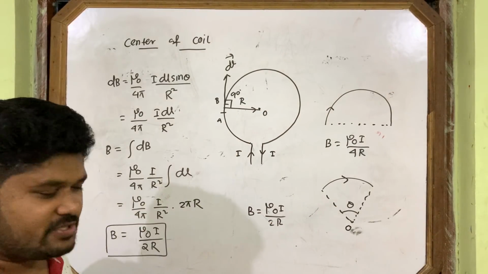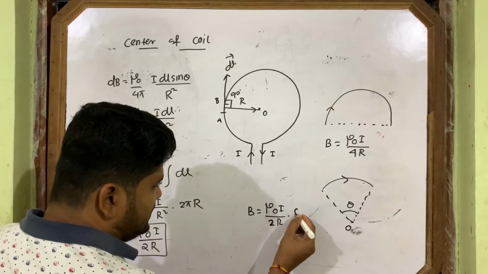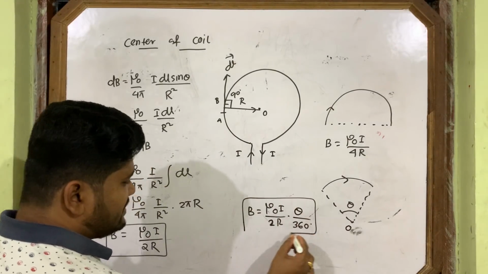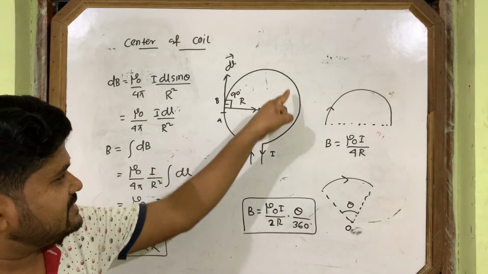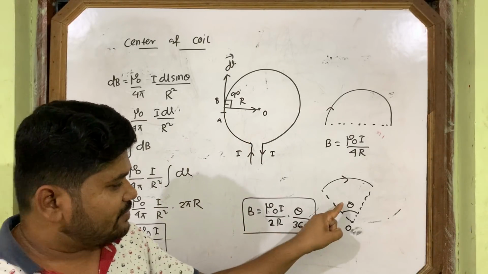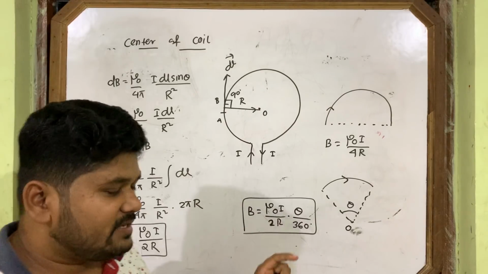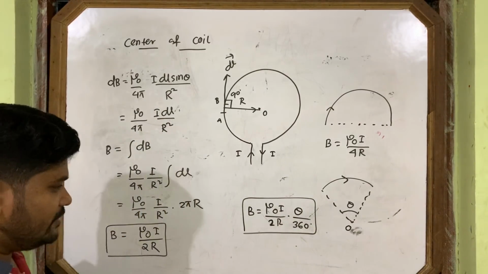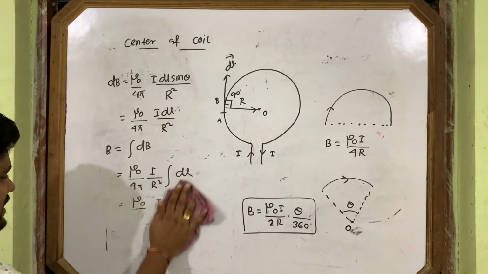For theta angle, how much? Mu naught I by 2r times theta by 360. This is the magnetic field due to an arc.